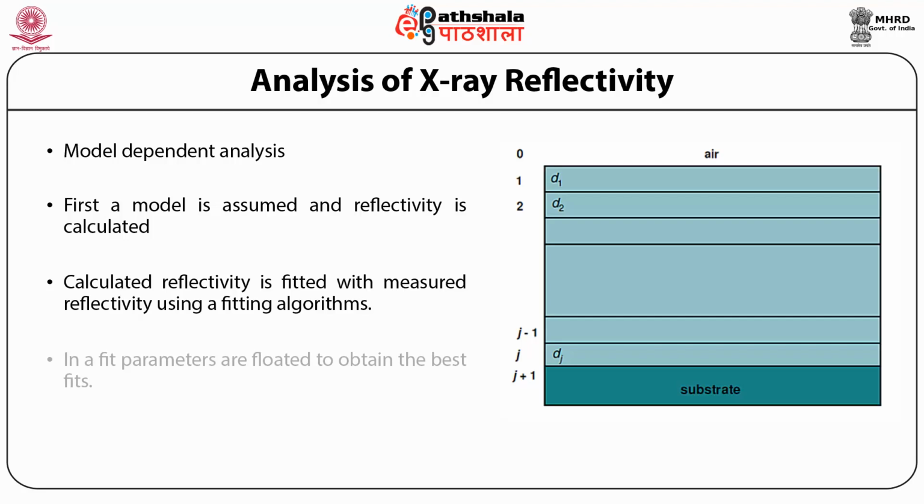We have to leave some parameters floating. When the fitting is complete, we get parameters such as thickness, roughness, and electron density profile. That way we analyze the data and obtain information about multilayer systems or systems with graded electron density.